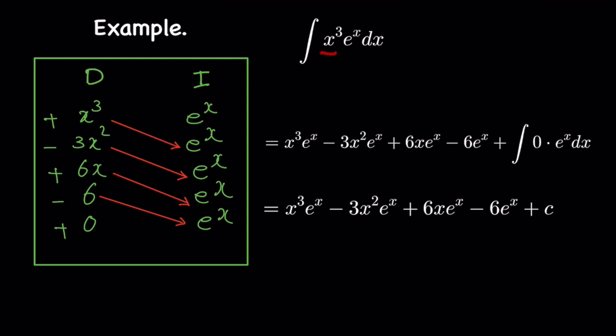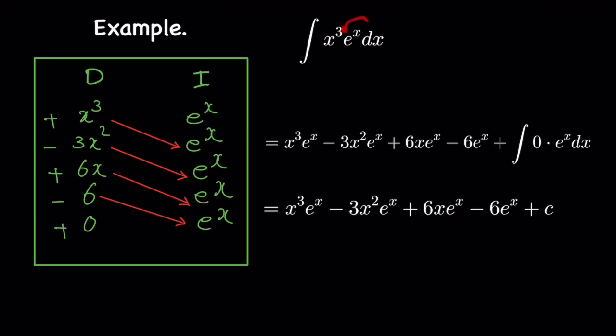So here we have two functions, x cubed and e to the x. I'm going to choose x cubed to go to the derivative column because every time that I differentiate x cubed, the derivative becomes an easier function, in the sense that it's going to be a polynomial of lower order.